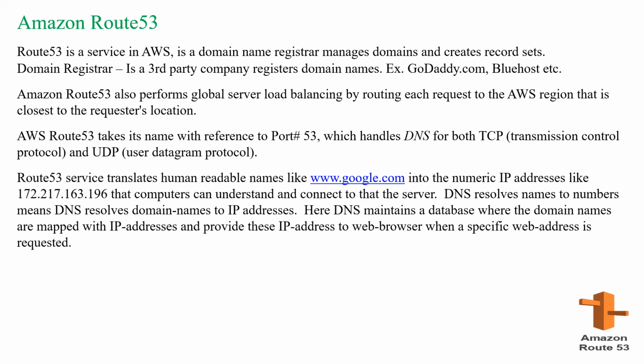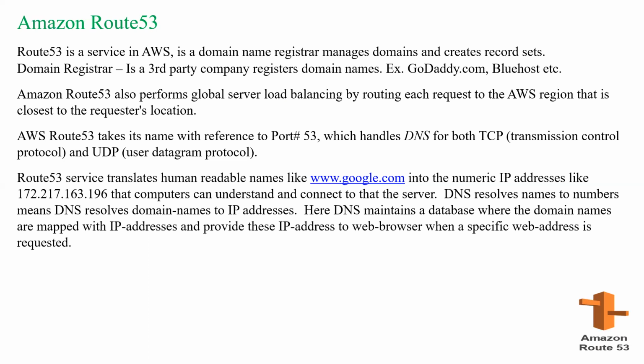So here the DNS server maintains a database of all the web addresses, the domain names available across the globe. Okay, so it will have both the domain name, the web address, as well as the respective IP address of that particular domain name.